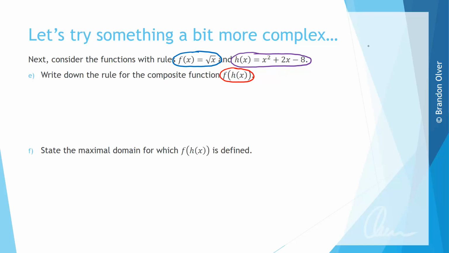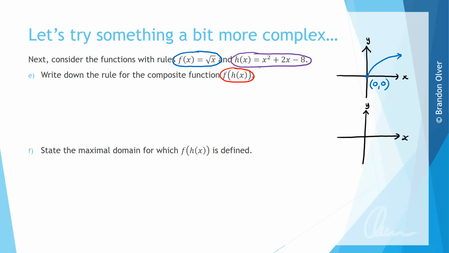So once again, we're just going to quickly sketch the graphs of the functions that we're dealing with for this question. So on the first set of axes, I'm going to draw f of x, which is simply the square root of x, and it has a starting point or an ending point of 0, 0. And next up, we're going to sketch the graph of h of x, which we're going to do in purple.